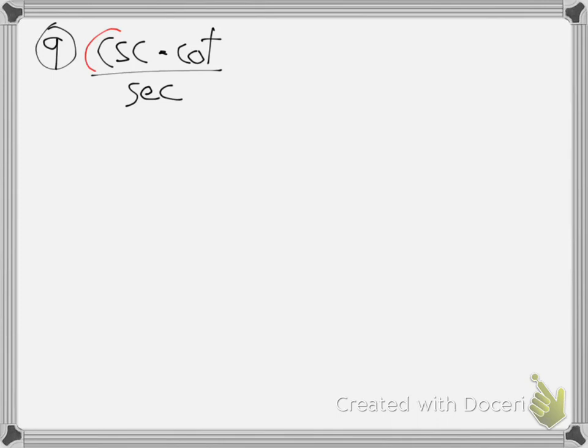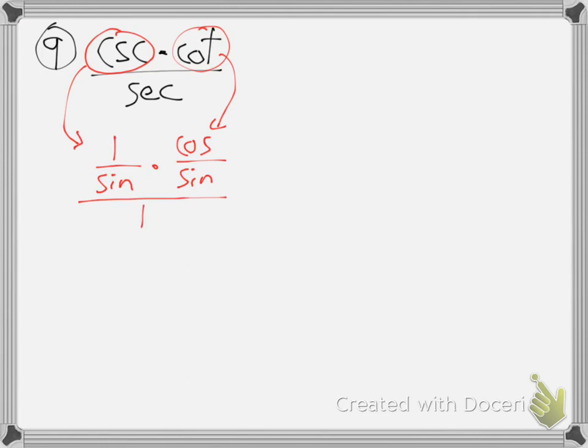Okay, so cosecant, that's 1 over sine. Cotangent is cosine over sine. And secant is 1 over cosine. Good to there so far?